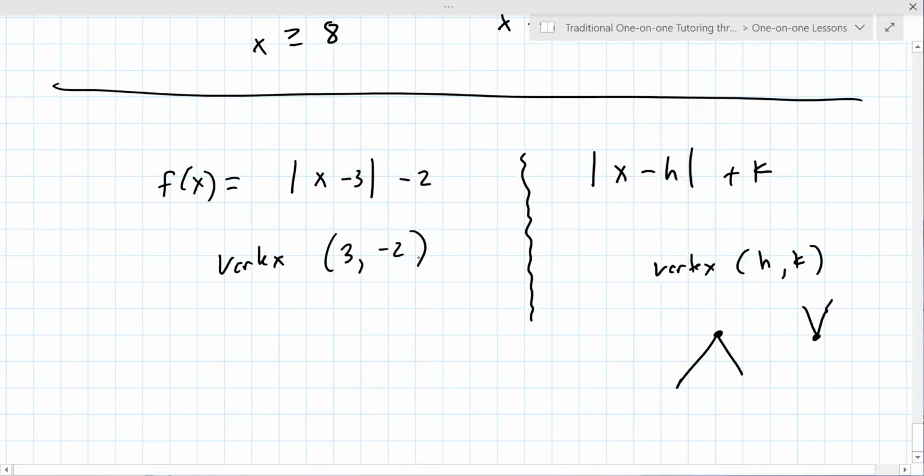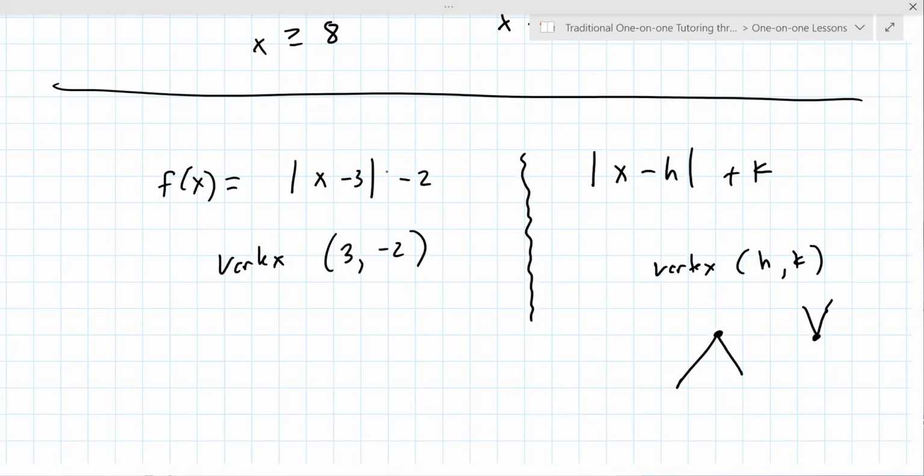3 comma minus 2. Now take a look at that and look at the previous line. Yeah, I get that. Those are the two numbers, and the one in the absolute value is x, and then the one outside is y.